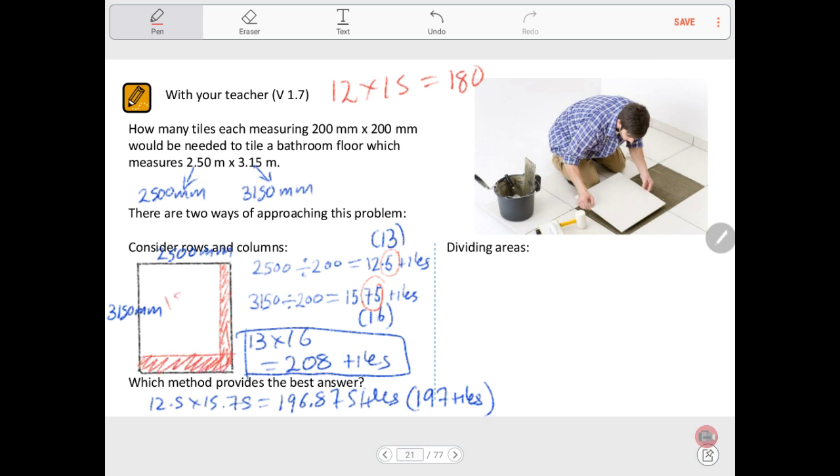So here you'd have your 180 tiles, and we'd need another 13 down that way. No, beg your pardon, 16 this way because it's 16 tiles wide, and 13 this way. So that gives us 209 tiles.